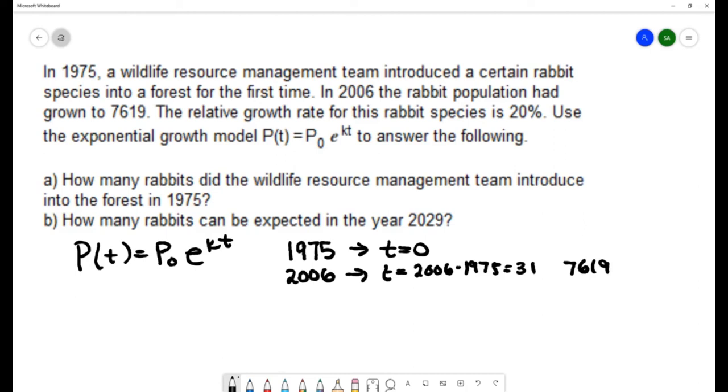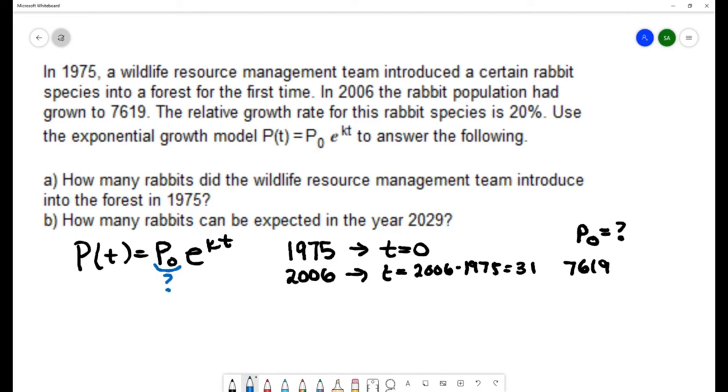And the first part of this question says, how many rabbits did the Wildlife Resource Management Team introduce into the forest in 1975? So that would be our initial population, and that is unknown to us. So if I'm looking at this problem, I'm noticing that P naught is my missing information.